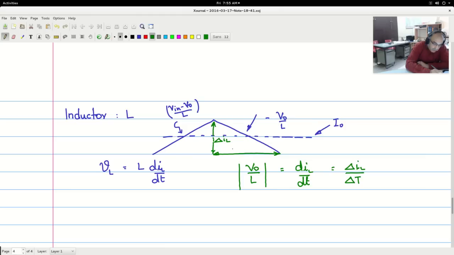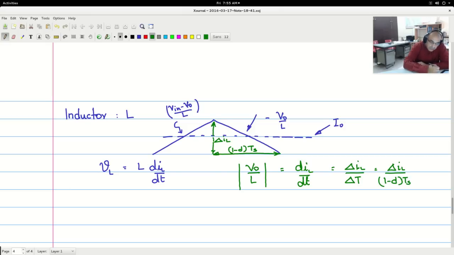So this time was 1 minus d Ts for the buck converter case. You could do the same in the upward slope also, and you will get the same result. So this is nothing but delta IL by 1 minus d Ts.